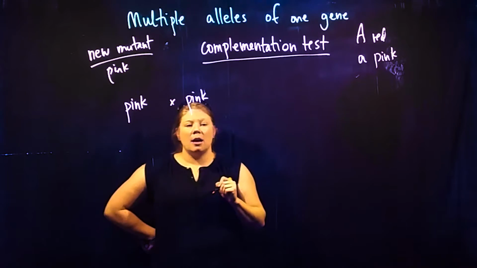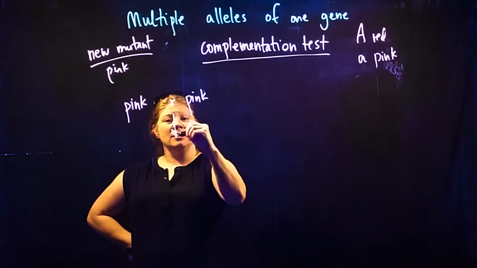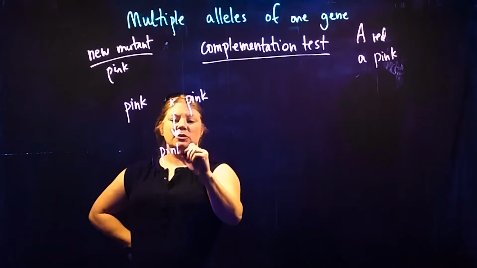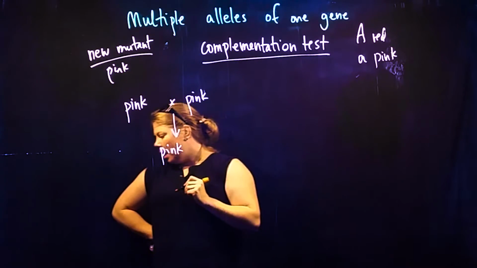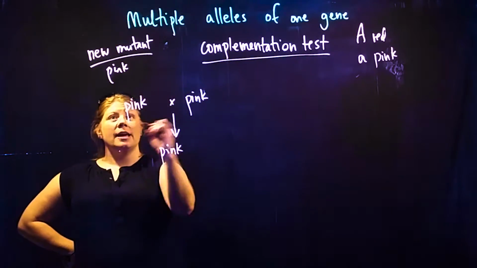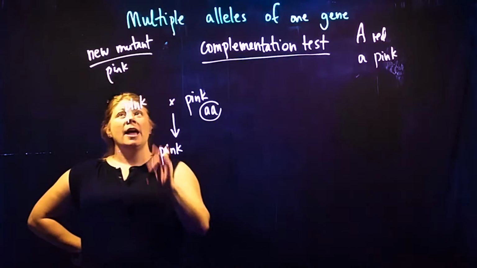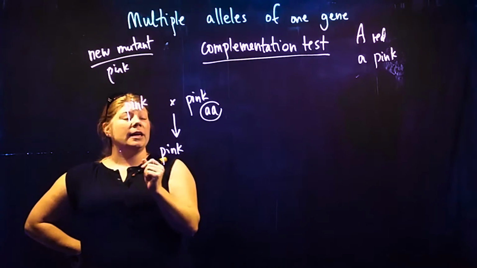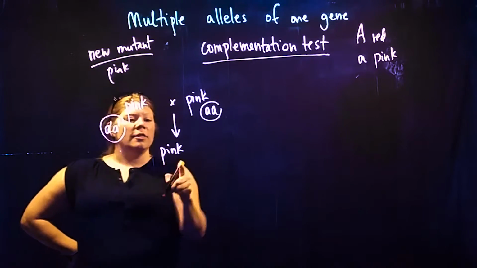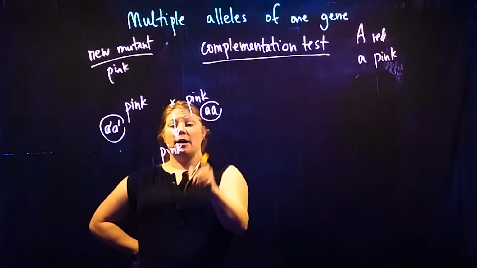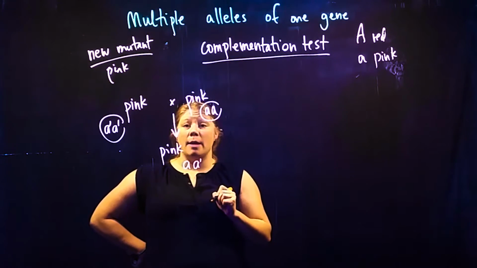And what do you expect to come out of that cross? Well, you would expect, right, that these flowers are going to be pink, okay? And that would make sense. Let's say here's our old genotype a, and if we have another allele in gene A, let's call it little a prime, then this heterozygote is going to be a a prime.